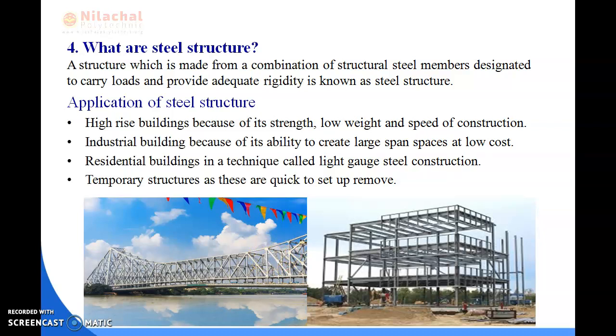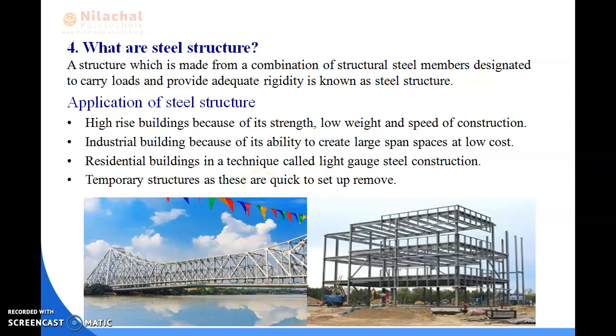The next one is industrial buildings because of the ability to create large span spaces at low cost. The next application is residential buildings in a technique called light gauge steel construction. The last one is temporary structures, as these are quick to set up and remove.